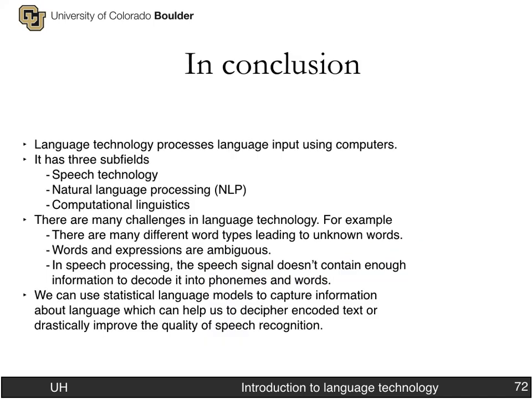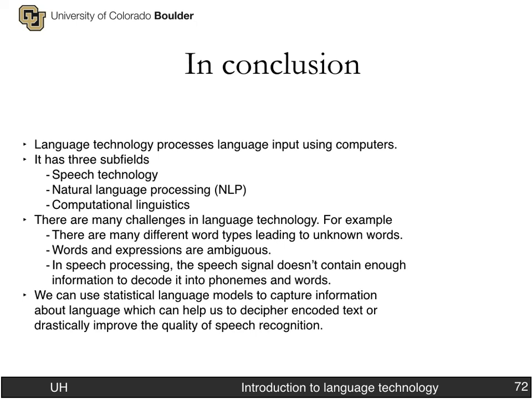So in conclusion, language technology processes language using computers, and it has 3 subfields: speech technology, natural language processing, and computational linguistics. And there are many challenges in language technology. For example, there are many different word types, and this leads to a problem with unknown words. Another problem is that words and expressions are ambiguous.